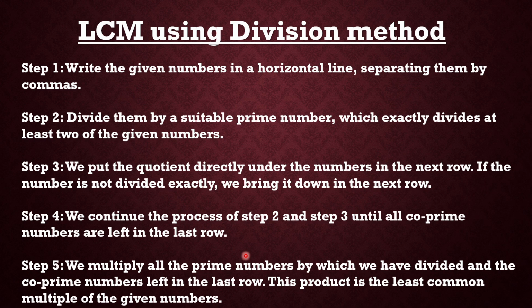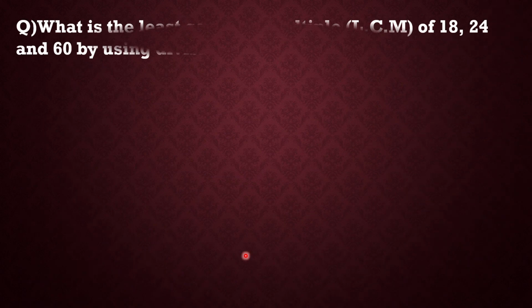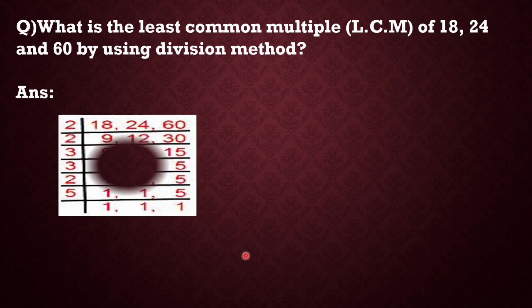Okay, now we'll see practically. What is the least common multiple, LCM, of 18, 24, 60 by using the division method? See here, we divide with 2: 2 9s are, 2 1s are, 2 2s are, 2 3s are.